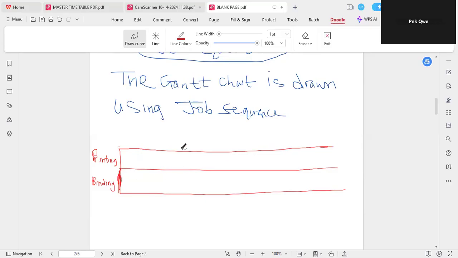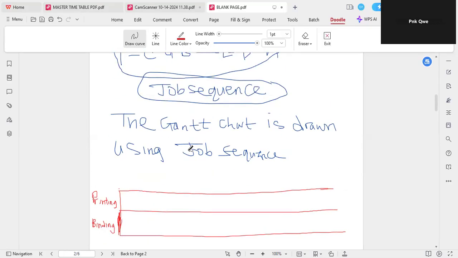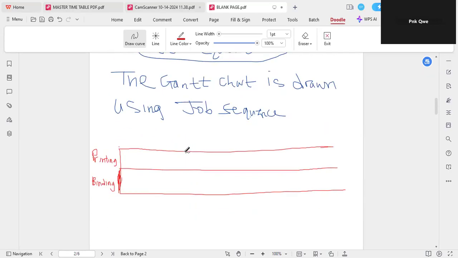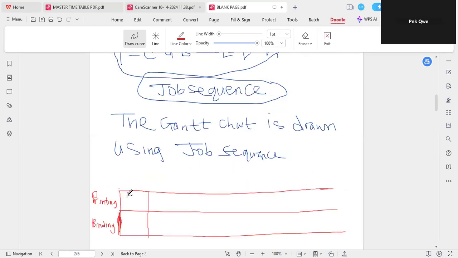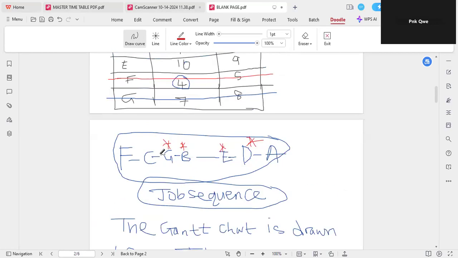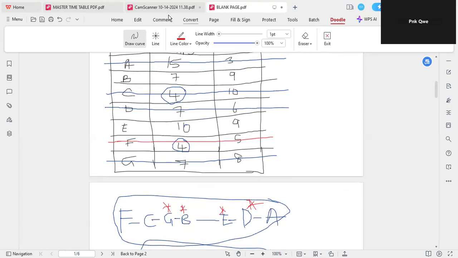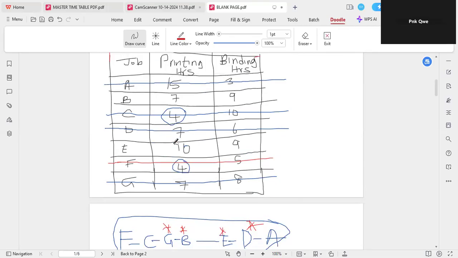So what is going on here is that we are working on job F, using the sequence. Job F is taking 4 hours to finish.